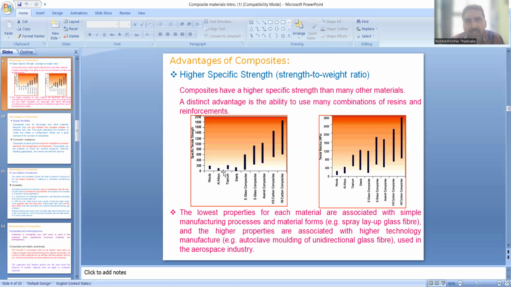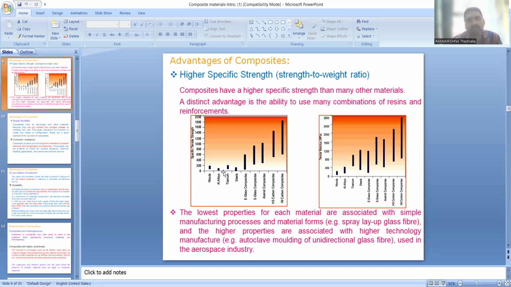Composite materials have higher specific strength than many other materials, particularly alloys. You can see in the slide two boxes with a comparison of different materials: wood, aluminum alloy, titanium, steel, and E-glass composite, S-glass composite, aramid, and HS carbon composite.